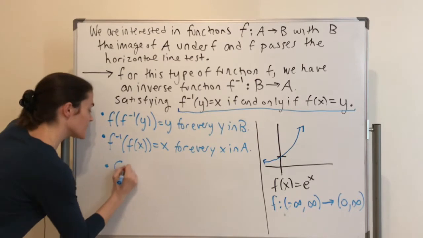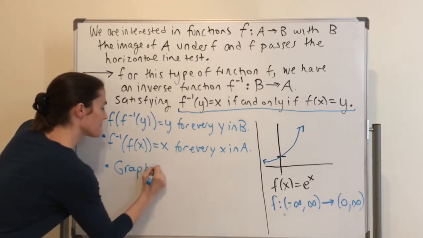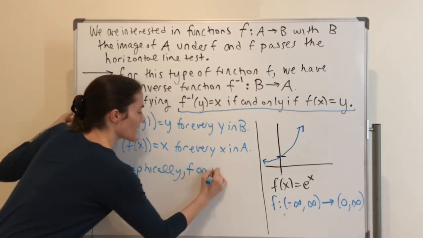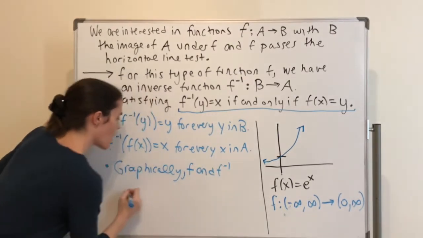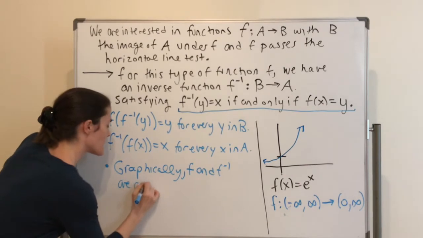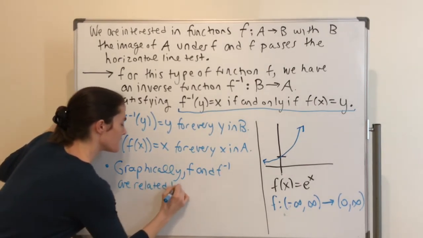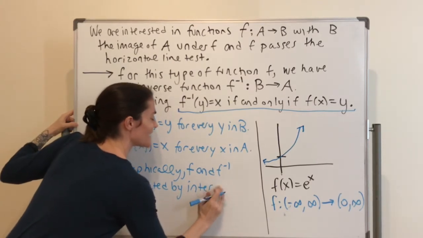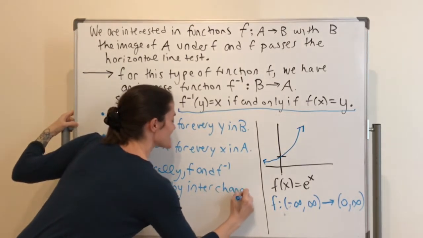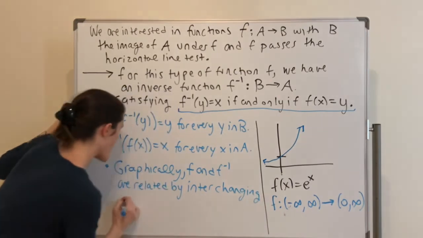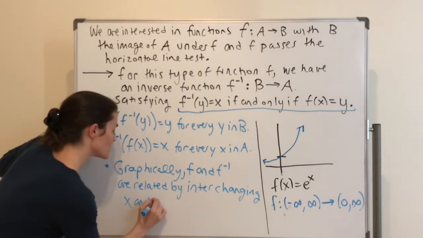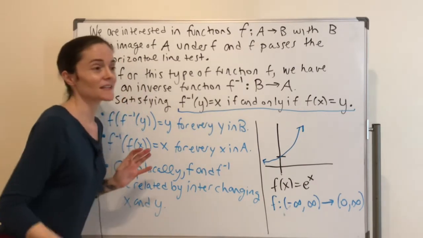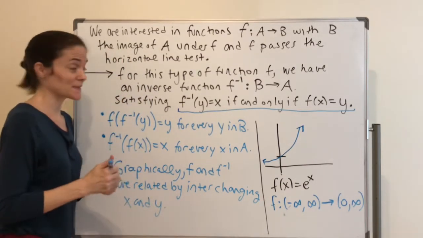So graphically, f and the inverse function are related by interchanging x and y. Or a way to see that is you flip or reflect across the line y equals x.